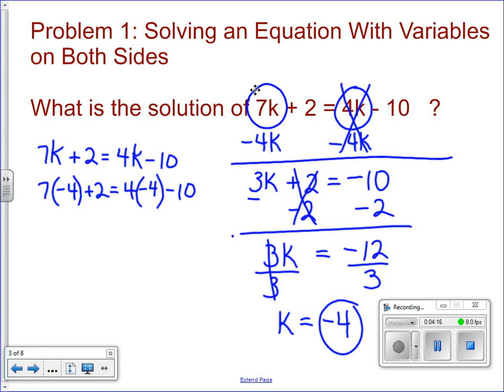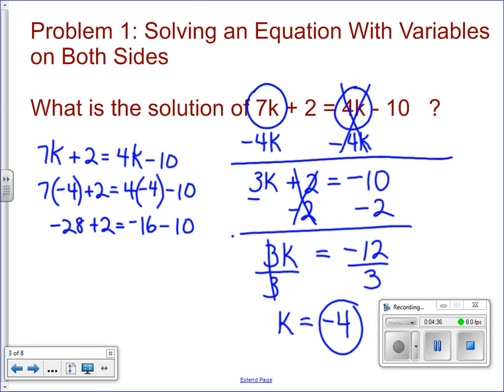Now, evaluating the left-hand side, 7 times negative 4 is negative 28. On the right-hand side, 4 times negative 4 is negative 16. Bringing down the remainder of the problem.